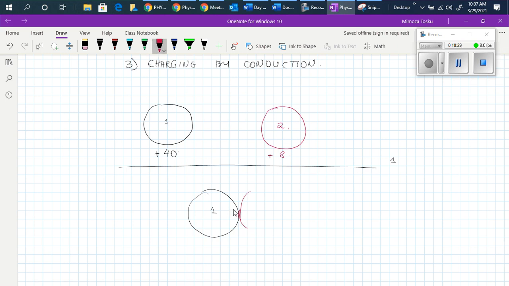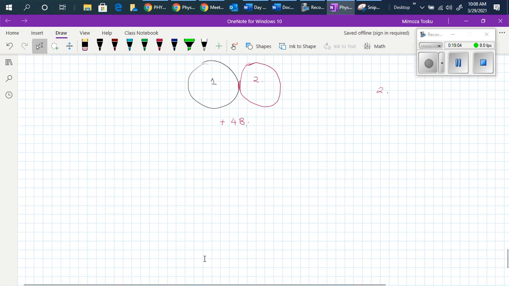This may happen by placing them in contact, as you see here in step 2, or by just adding a conducting wire, like a copper or gold wire. Now the two objects together have a charge of positive 48.